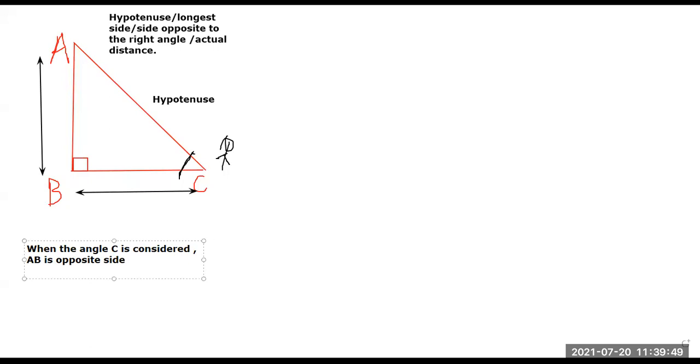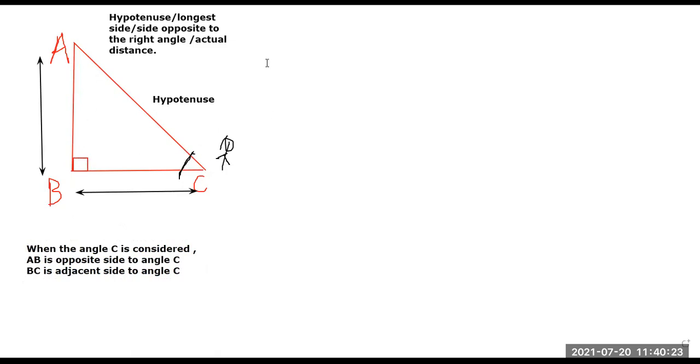AB is opposite to angle C. And what about BC? BC is adjacent to angle C. You got it? In this scenario, AB is opposite to angle C and BC is adjacent to angle C.